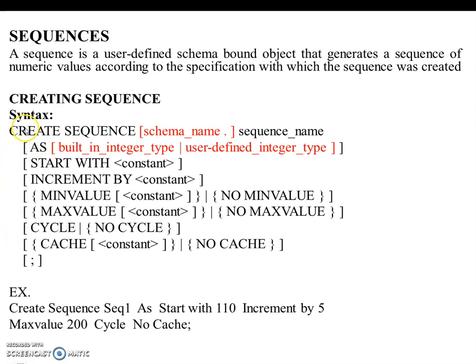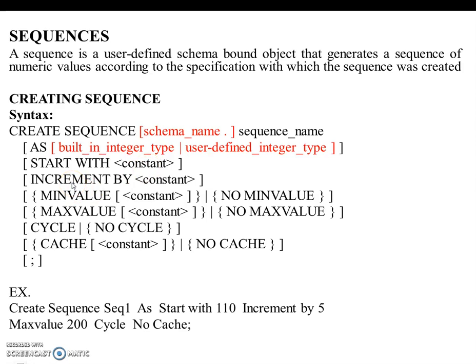As we are going to create a sequence, the statement must start with create sequence followed by the name. Then you have to provide the start with value, from where you are going to start that sequence, and that is always a constant, or always a number.